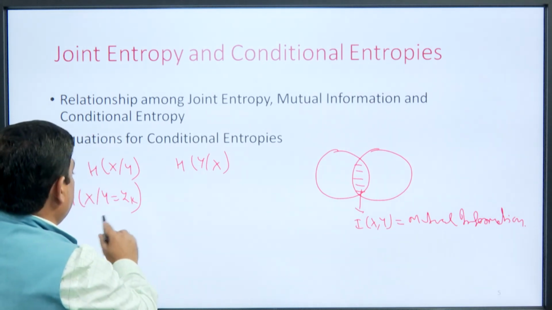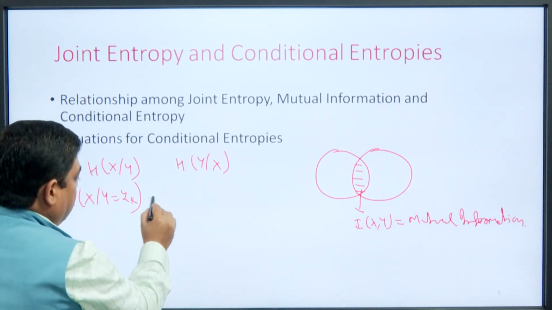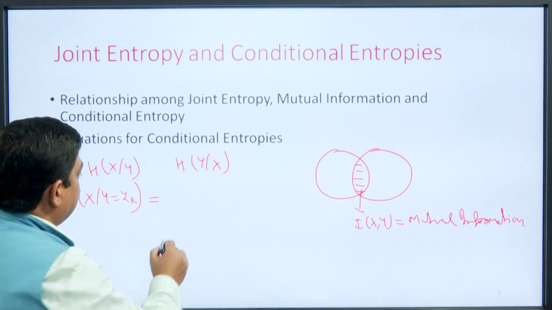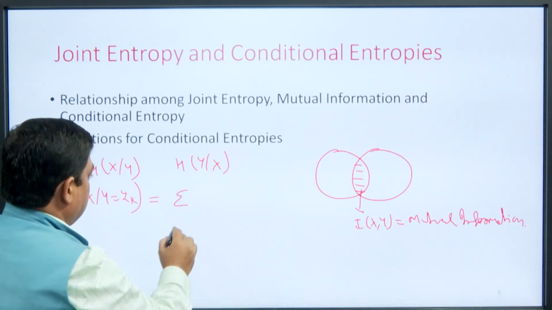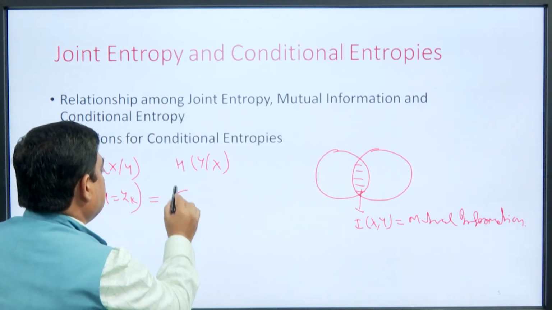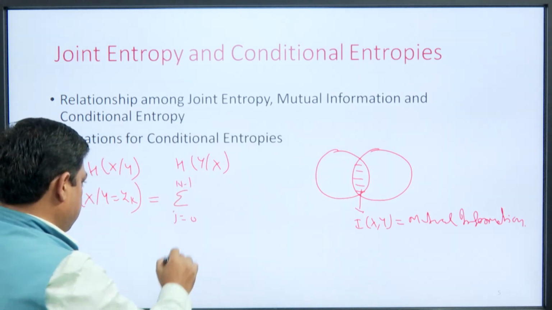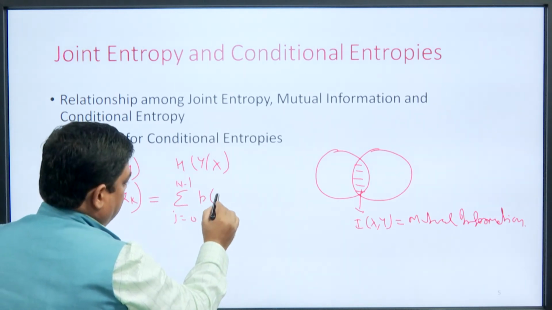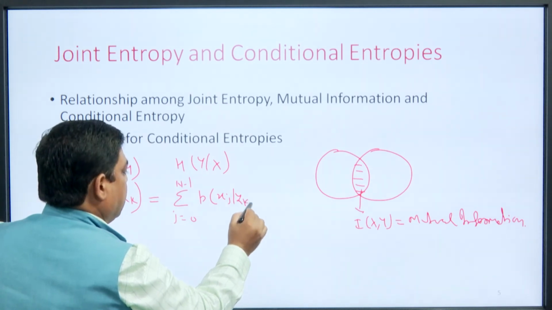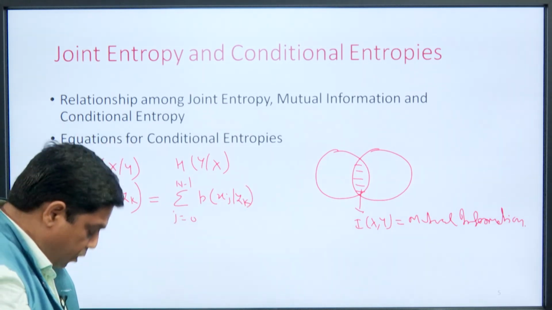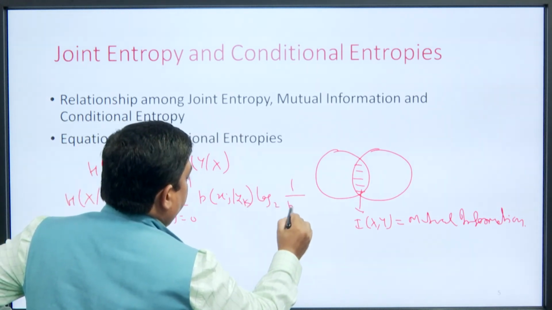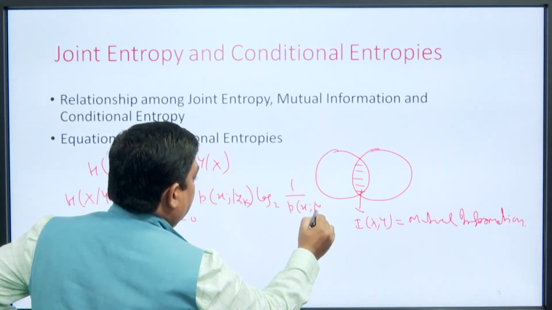This is H(X|Y) when y is equal to yk. This can be calculated with the same method, that is summation, because only x is varying, j equal to 0 to n minus 1, probability p(xj | yk), yk is fixed, for a fixed yk, into log of base 2 1 upon p(xj | yk).